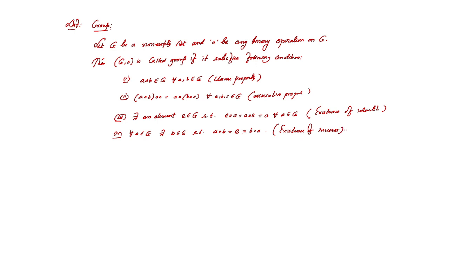So the first property is closure, second is associative, third is existence of identity, and fourth is existence of inverse. If all the properties hold, then we conclude (G, not) is a group.